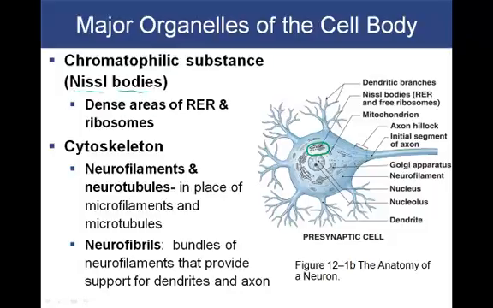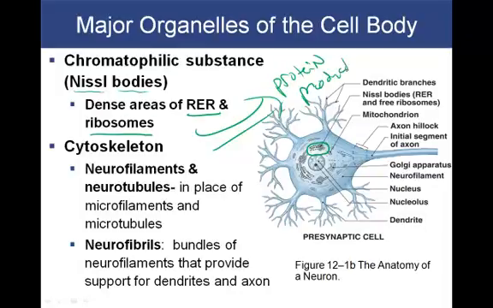And when you see that a particular cell has a lot of RER and ribosomes, you should start thinking, why? This leads you to believe that there is a tremendous amount of protein production. And you should start thinking, what type of protein does a neuron produce? This is something we'll come to in a bit.